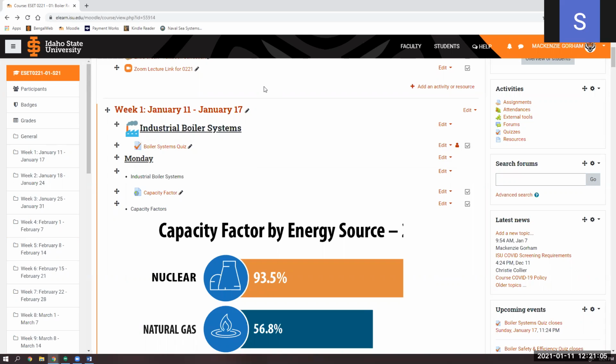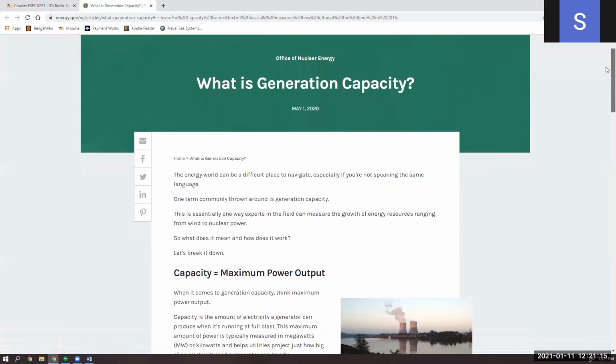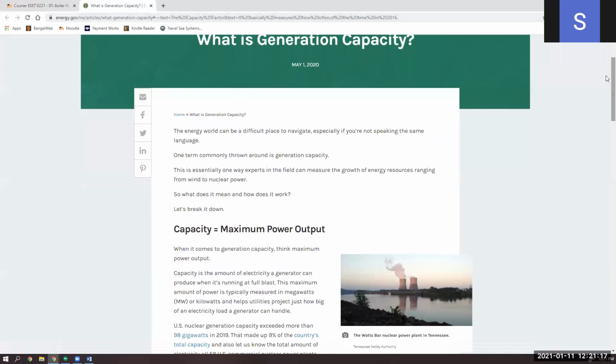Have you heard the term capacity factor before? Nope, nobody has? Okay. So capacity factor is a way of quantifying the maximum amount of power that we can get based on how a particular plant operates.